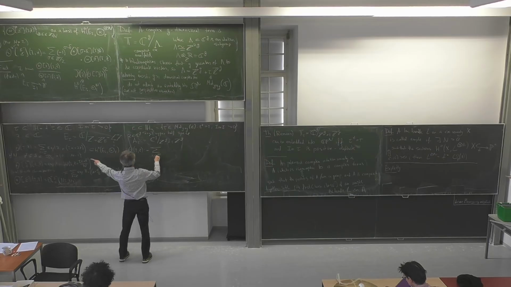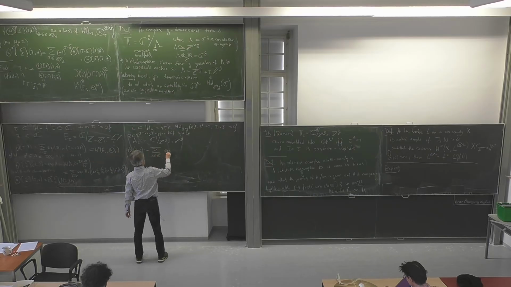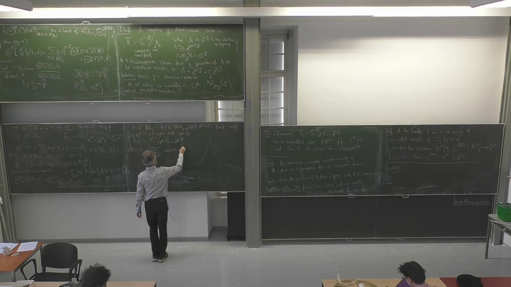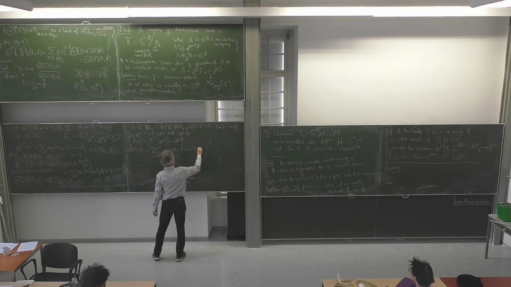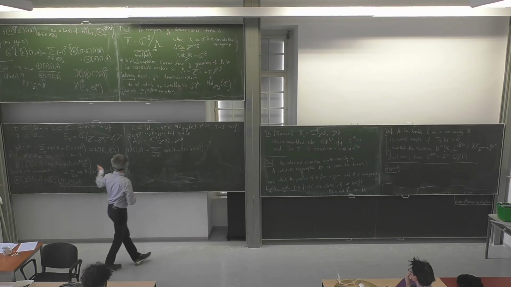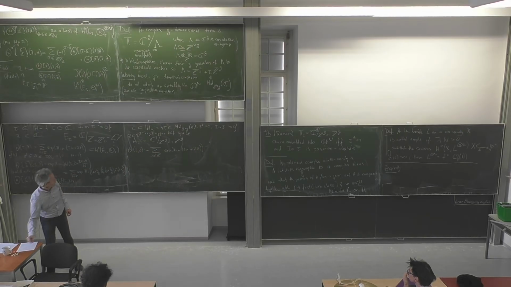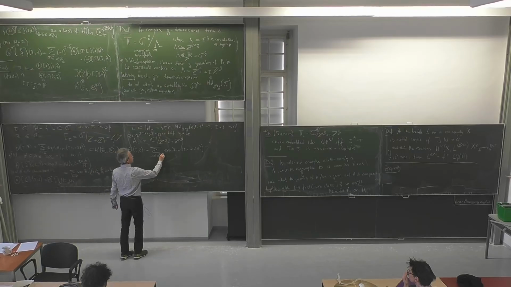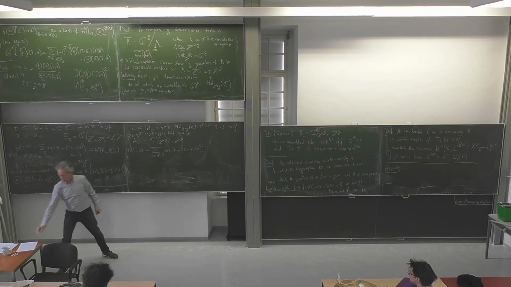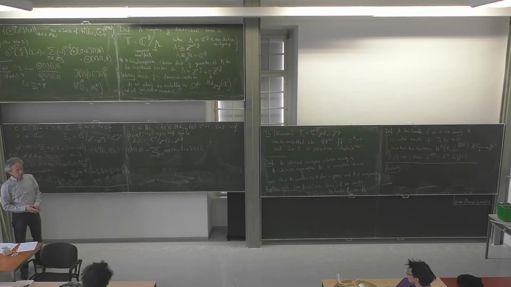So let me first write that formula on the nose. That was the formula I just wrote before. The only change I need to write is this. That's the formula.